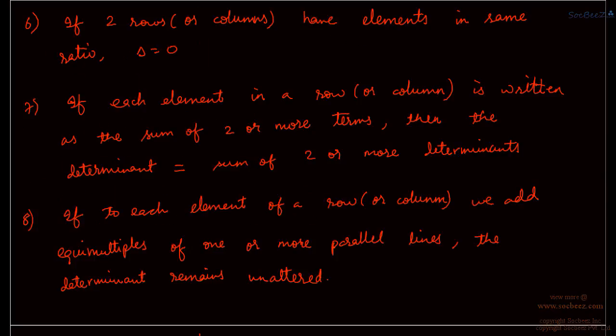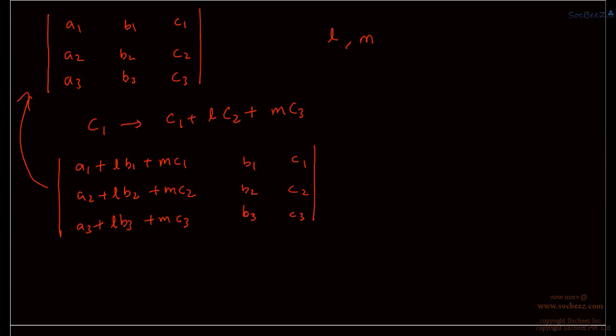First of all, using the seventh property here, we can write this determinant as a sum of three different determinants. The first one is the original one. The second will be LB1, LB2, LB3, and then the second and third columns. Similarly, the third one will have MC1, MC2, and MC3 in the first column.